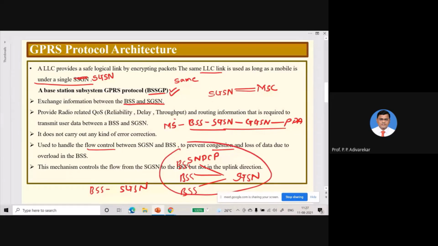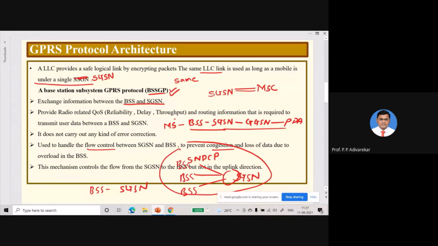And about the congestion control, as we have just seen, several BSS are connected to a single SGSN. If all the base station subsystems send data at the same time, there may be congestion at the SGSN side, and that is handled by BSSGP.